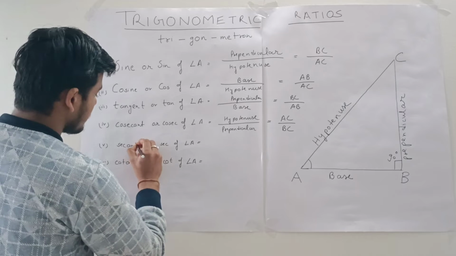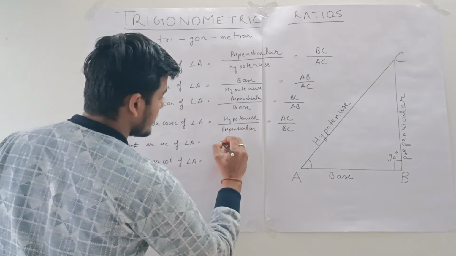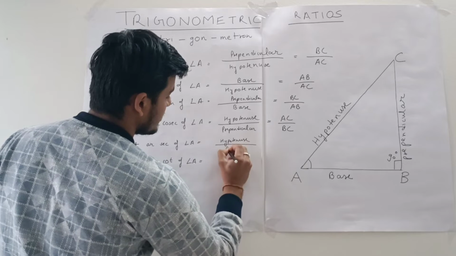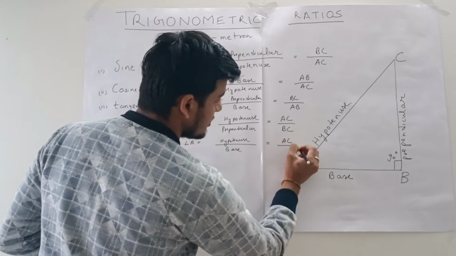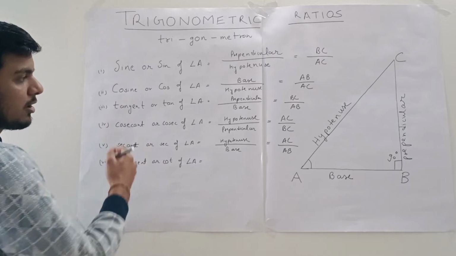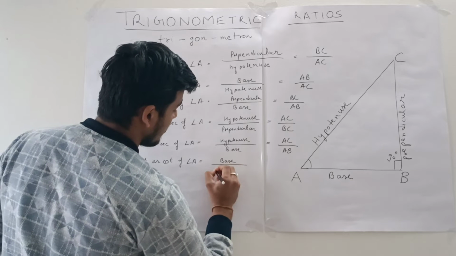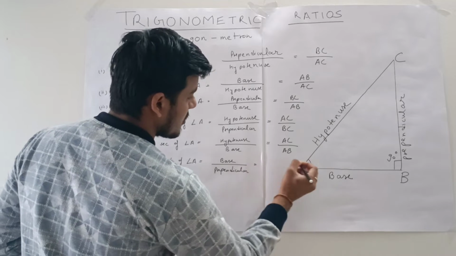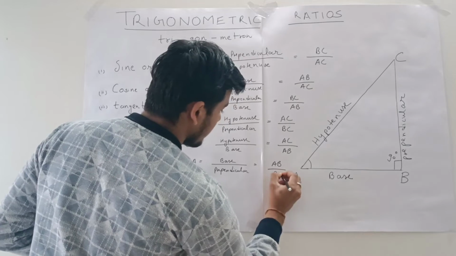Secant of angle A is the reciprocal of cosine of angle A, which is hypotenuse upon base, that is hypotenuse AC and base AB. Cotangent of angle A is the reciprocal of tangent A, that is base upon perpendicular, base AB upon perpendicular BC.